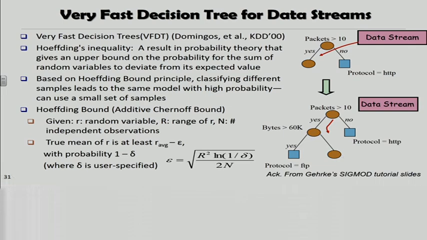Okay. So the very fast decision tree, the general philosophy is they are based on the Hoeffding bound principle. Okay, they try to classify based on the high probability. They try to build this tree based on this bound.